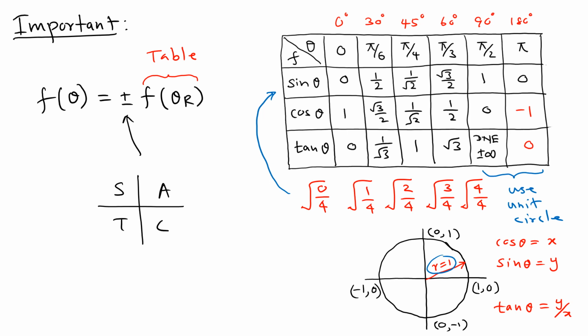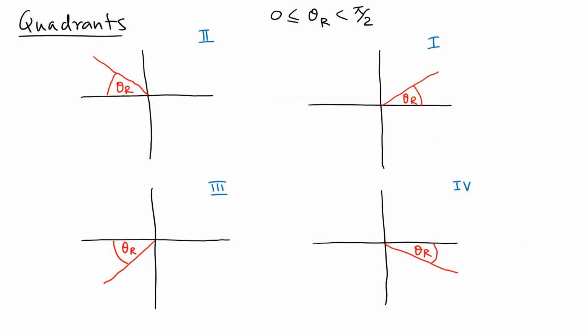So let's also look at the quadrants. What happens in each quadrant? To find the angle, if you know the reference angle, let's say these are the reference angles. For example, in the first quadrant, the angle is simply theta r, and then you can add multiples of 2 pi. But here I'm just writing the principal values.